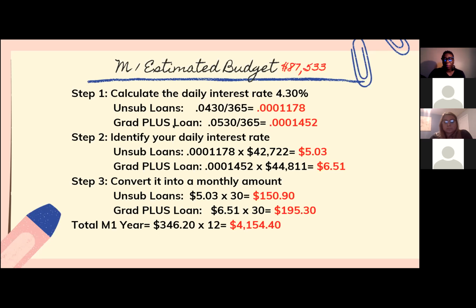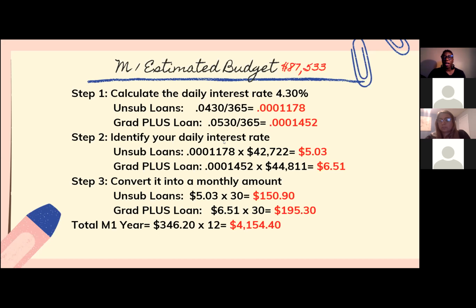And the same for the Grad Plus loan. If you are not aware, the Grad Plus loan rate is always 1% higher than the unsubsidized loan rate. So that's where this 5.30% comes into play. So we divide both of those numbers by 365.